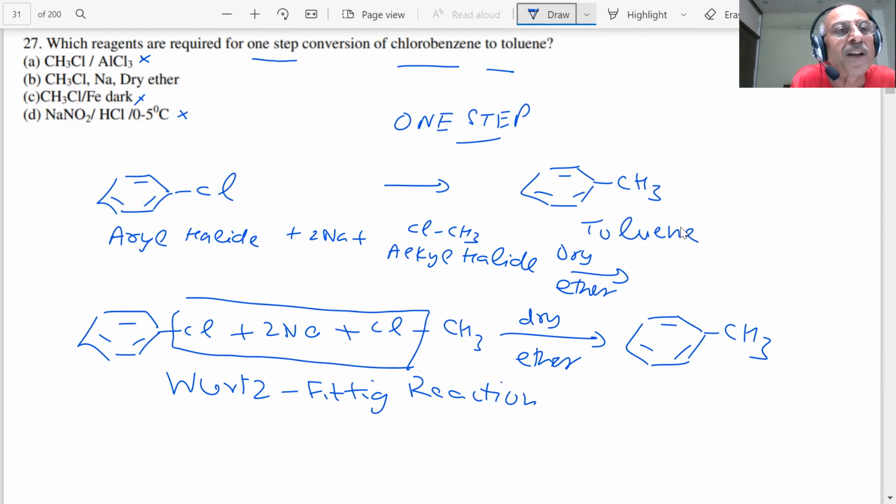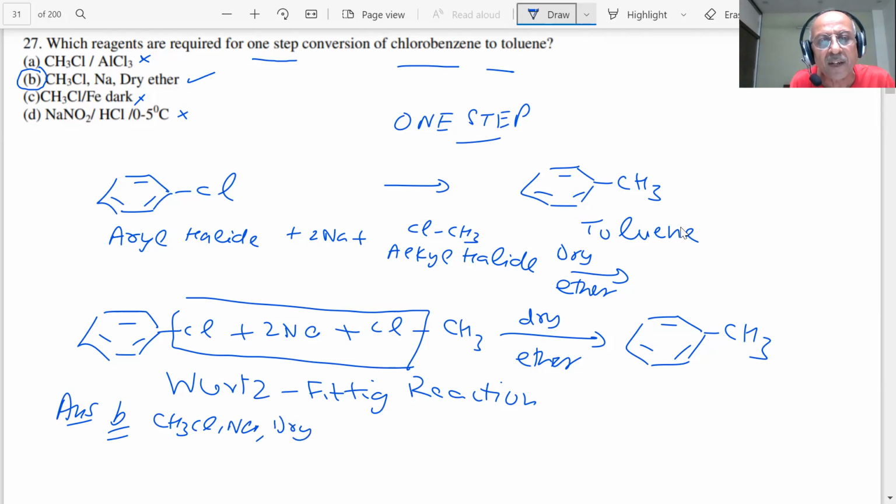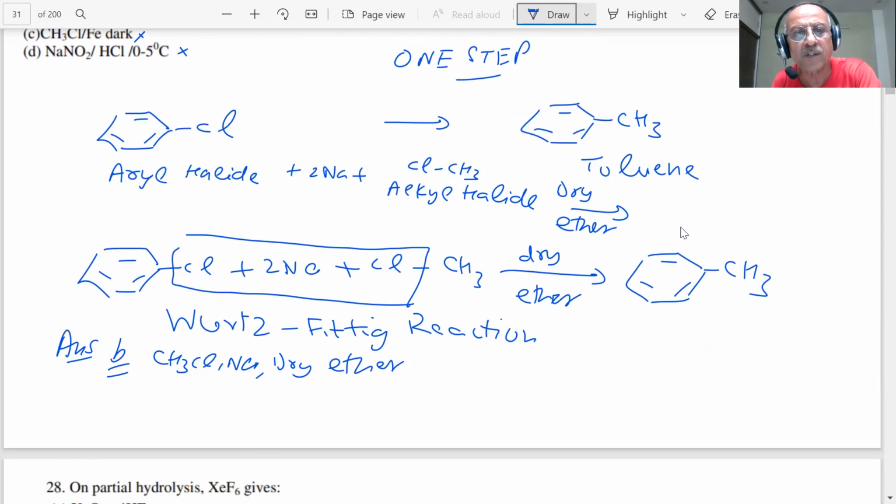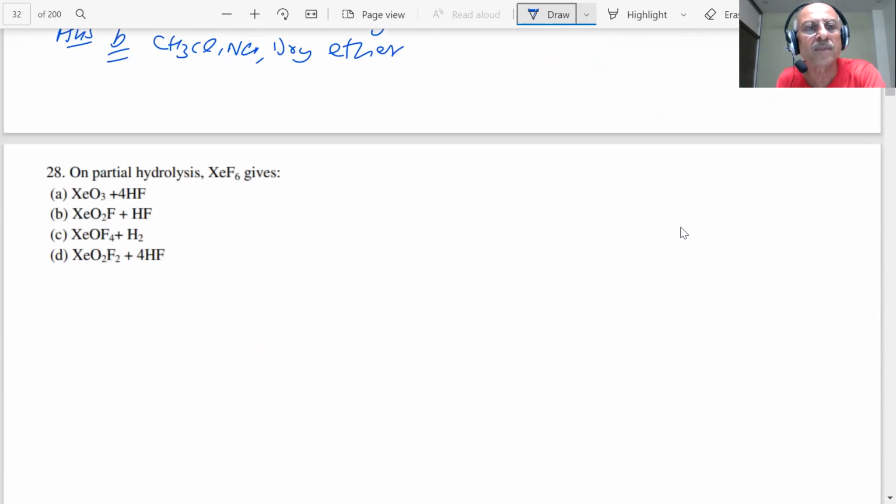This is a diazonium. So this is the correct answer. You are using methyl chloride, an alkyl halide, sodium, and dry ether. The correct answer is B, that means CH3Cl, Na, and dry ether. The name of the reaction is already given to you: Wurtz-Fittig reaction.